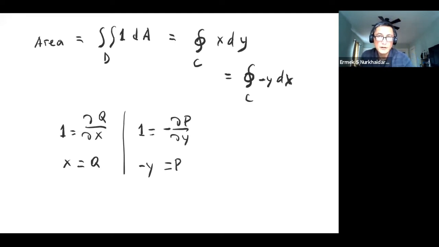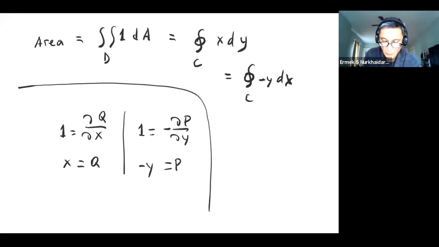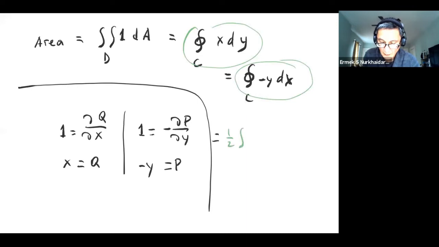And if you want to get a bit more symmetric, then you can take the average of these two. So you might say 1/2 integral over C of x dy minus y dx. Okay. So you can calculate area using line integrals.